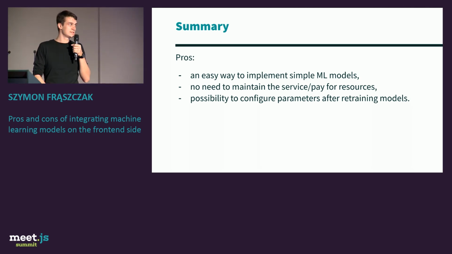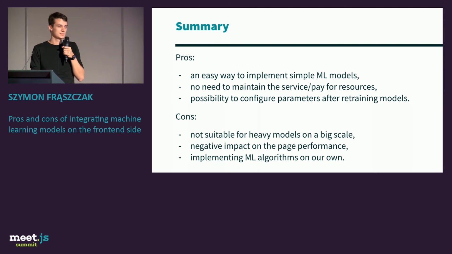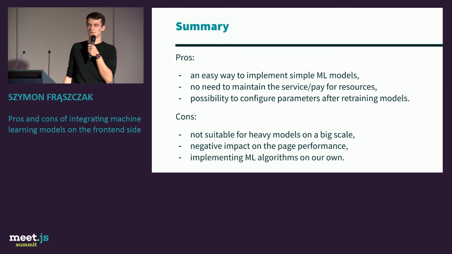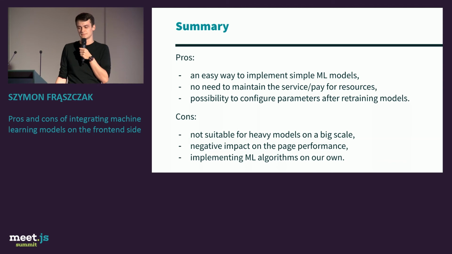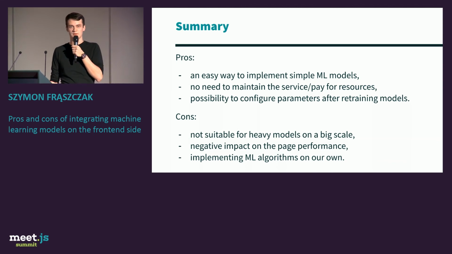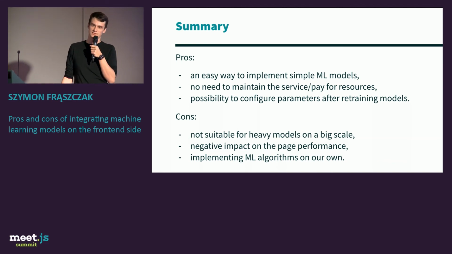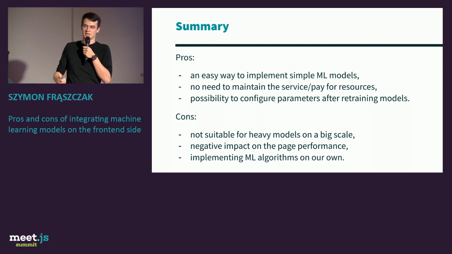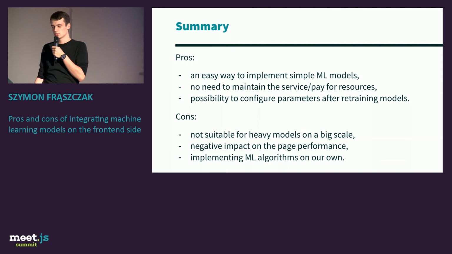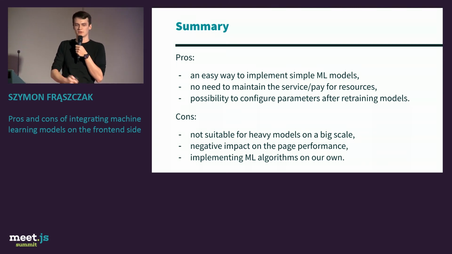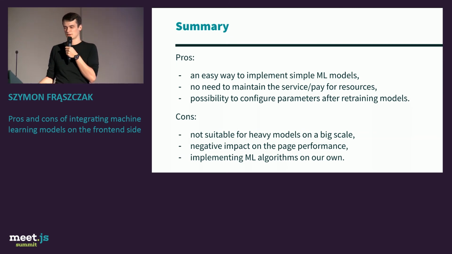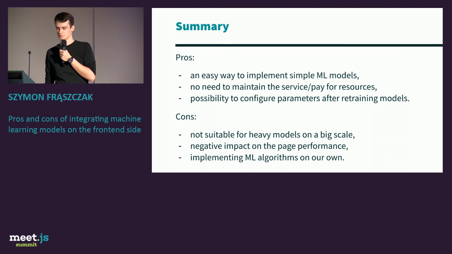But there are also disadvantages, and simply it's not suitable for heavy models on a big scale. It might have a negative impact on page performance because it's running along with your web application JavaScript code. And you need to take care of implementing machine learning algorithms on your own.